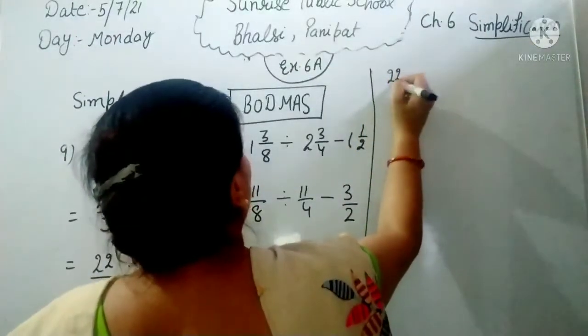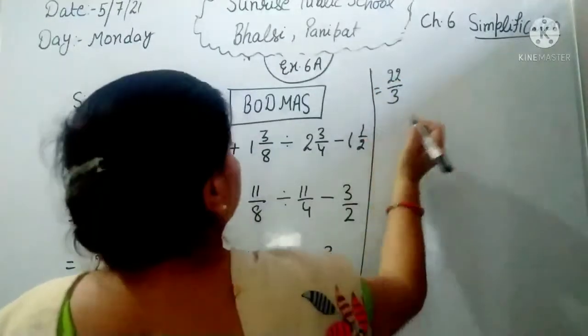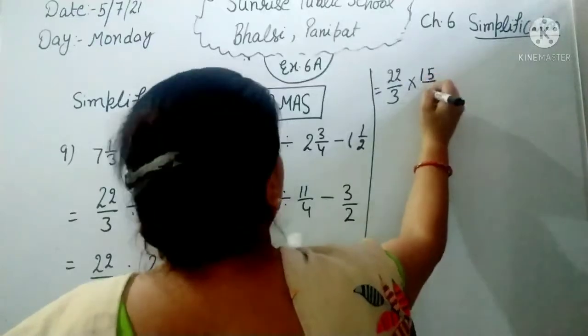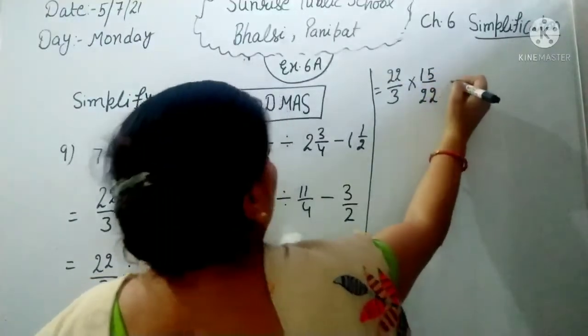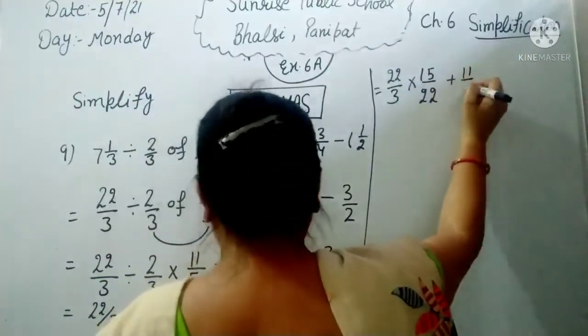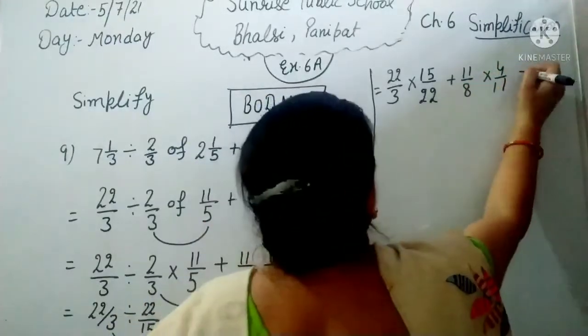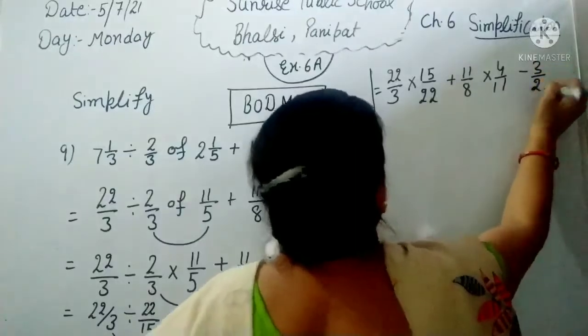22 by 3 divide को जब multiply में reciprocal करेंगे, then it becomes 15 by 22 plus 11 by 8 multiplied by 4 by 11 and minus 3 by 2.